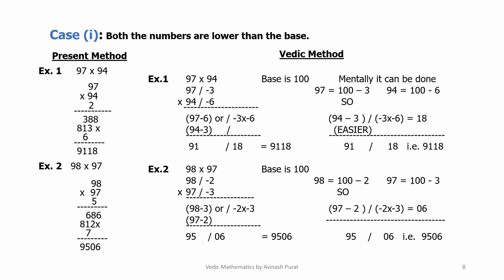Present method: 97 multiplied by 94. So 97 multiplied by 94: 4 multiplied by 7 is 28, 8 is taken down and 2 is put below the first figure. 4 multiplied by 9 is 36 plus 2, that gives 388.